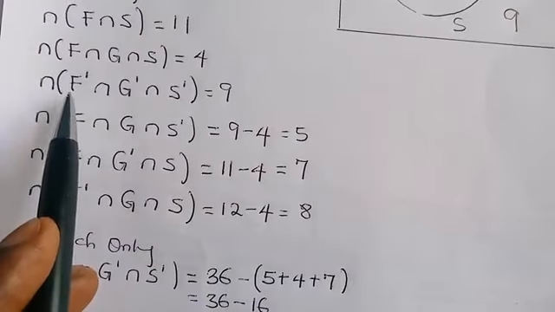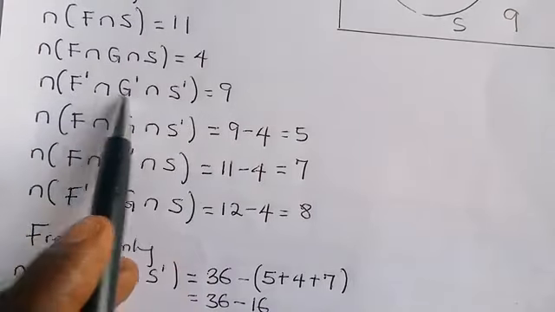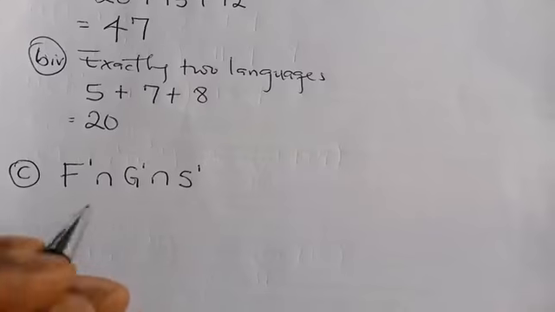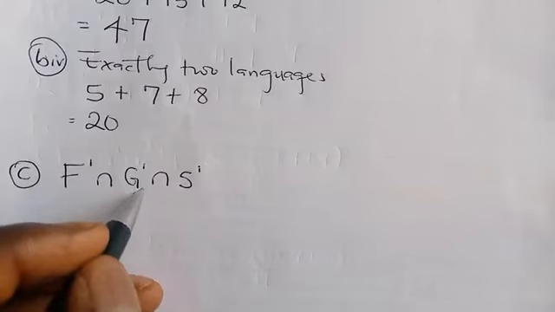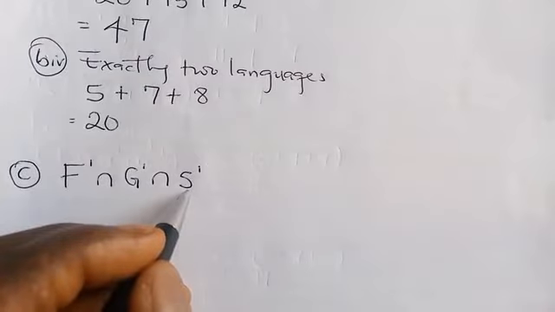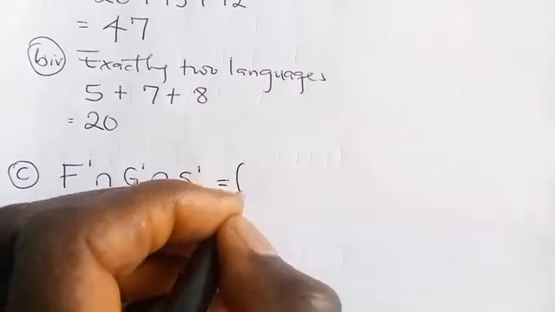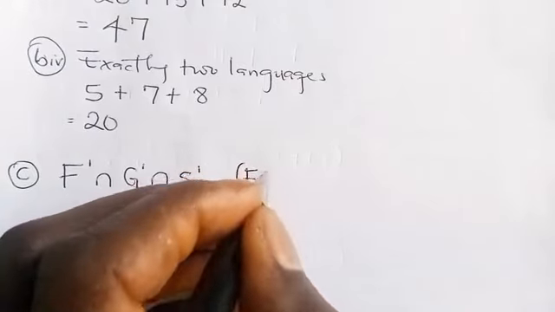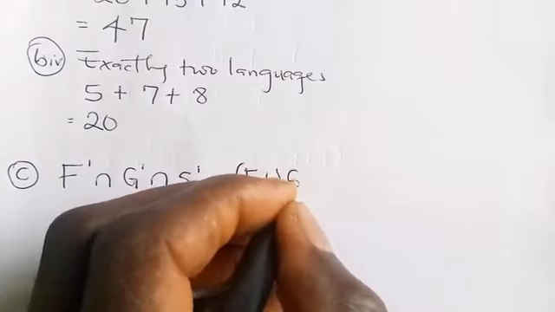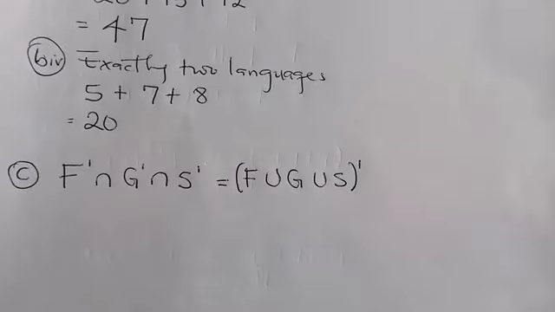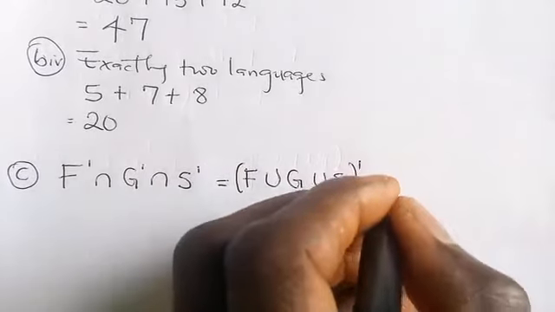Here it is. We have 9. And what does it mean? F prime intersecting G prime intersecting S prime can also be written as F union G union S prime. And the value is equal to 9.